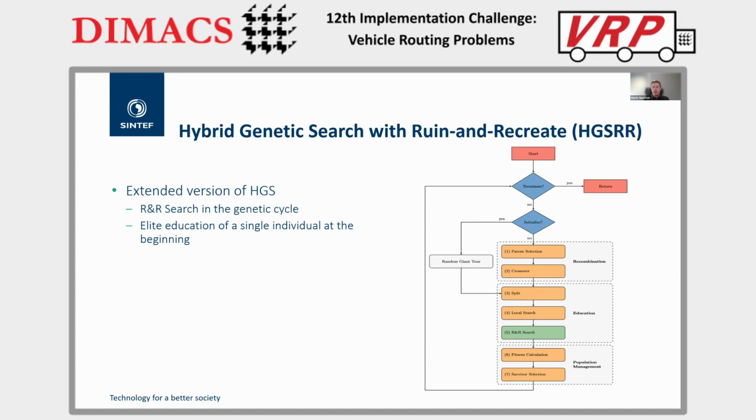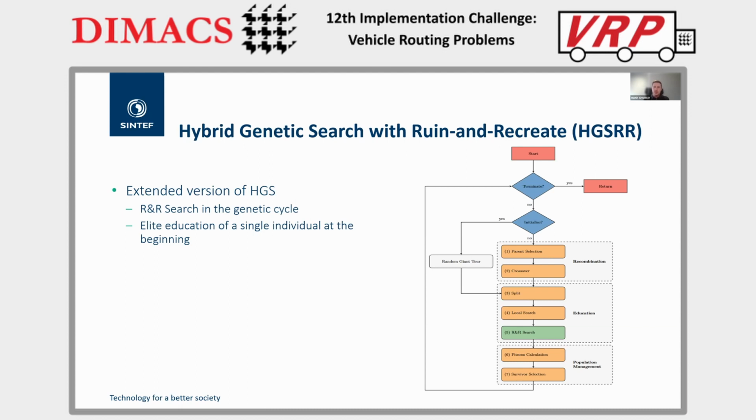The first step in the genetic cycle is to select parent solutions, which can then be recombined into an offspring solution in the second component. Because the recombination is performed on a giant tour representation, the tour must be split into routes, and that responsibility lies in the third component.